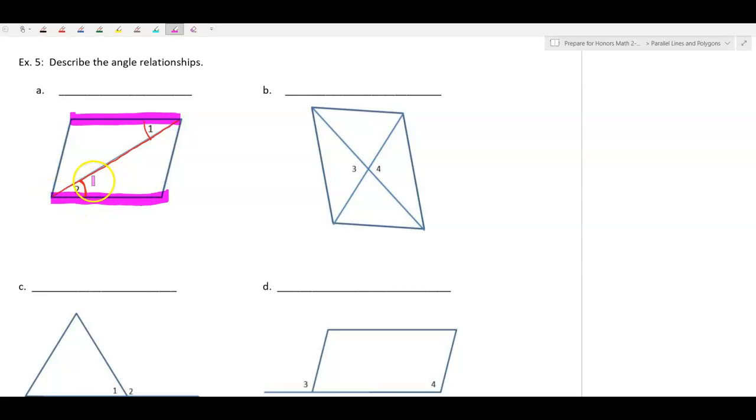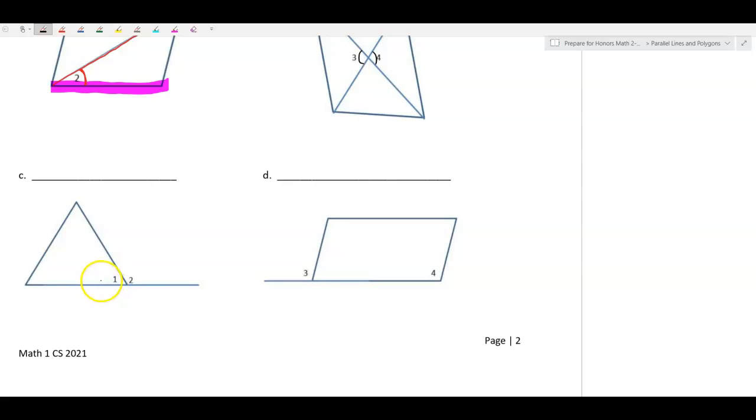As you can see, 1 and 2 are on opposite sides of the transversal, and they're both interior, so these would be alternate interior angles. These angles here really don't touch a transversal. Those are just going to be what we've learned before, vertical angles. And what do we know about vertical angles? They will be congruent.